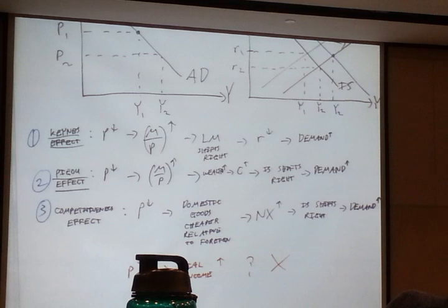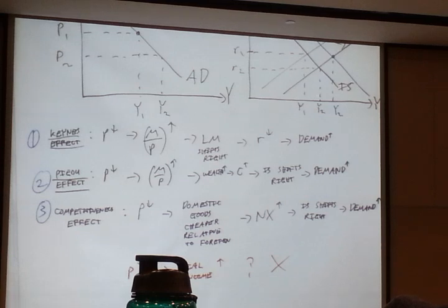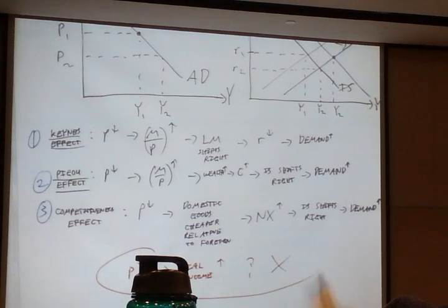Basically, there's a winner and a loser. The worker wins, the person who receives the profits from the firms loses in this case. So overall real income is not changed. So I would not include this.